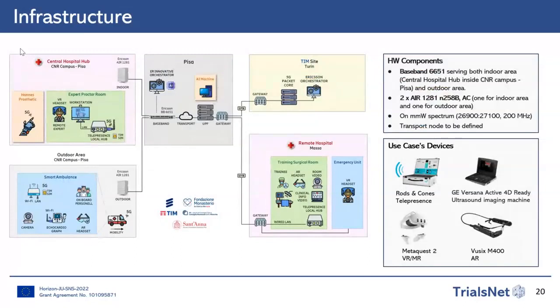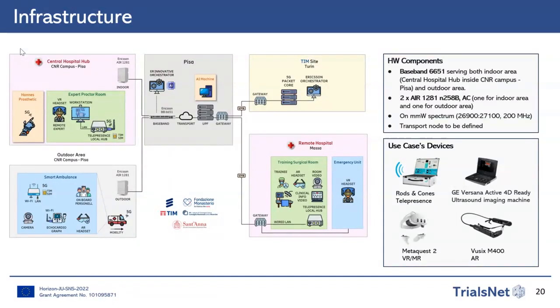This is a sketch of the infrastructure where, as you see, we have the following sites. We have Pisa for the use case in the ambulance and the indoor use case, and then also the other indoor use case.